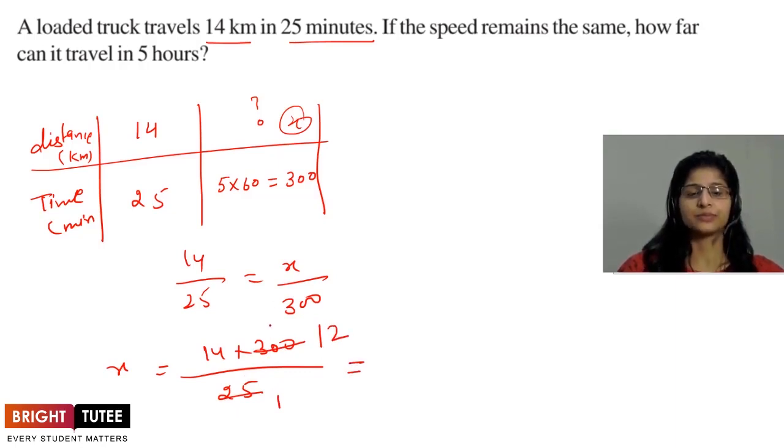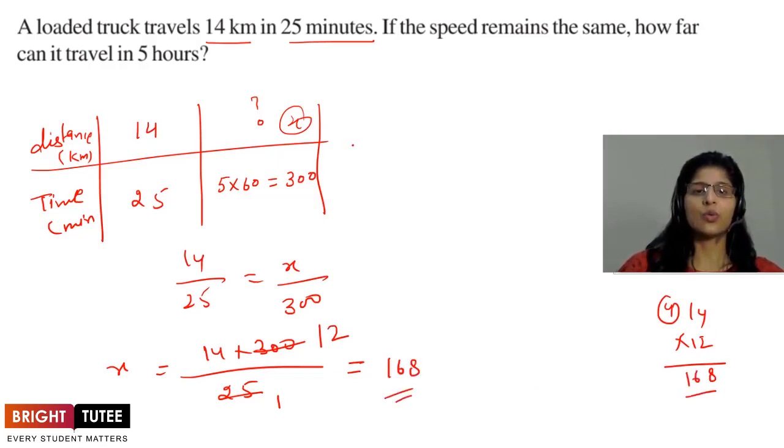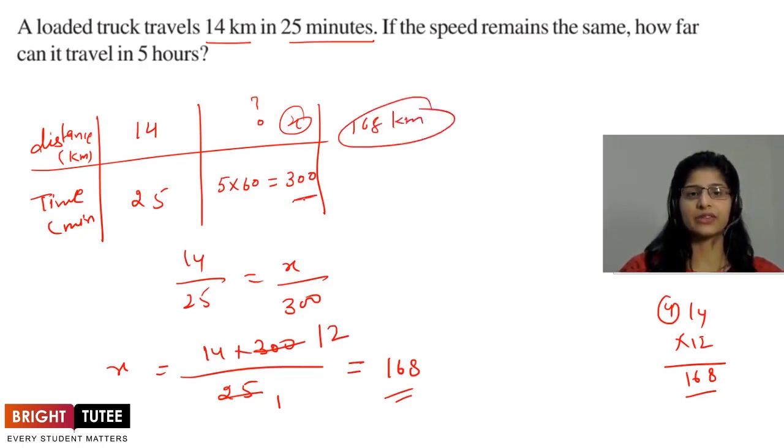So just see, now we have to multiply 14 and 12. 12 fours are 48, 4 is the carry, 12 ones are 12 and 4 is 16, 168. So 168 kilometer is the distance traveled in 300 minutes. Clear? Because in just 25 minutes it covers 14 kilometers, right? So in 300 minutes, that means 5 hours, it will cover 168 kilometer.